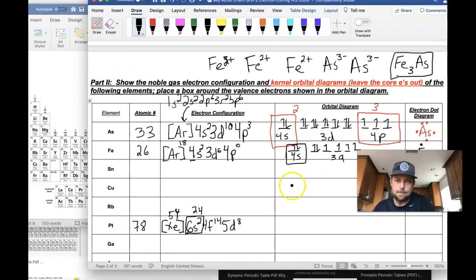One other thing that we can tell from the electron configuration and the orbital diagram is something about magnetism. So we have 3 kinds of magnetism. There is ferromagnetism, there is diamagnetism, and there is paramagnetism.